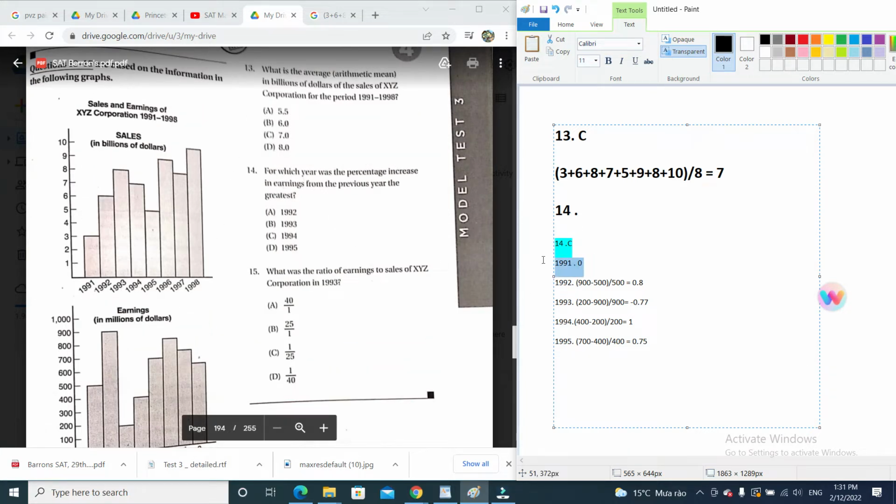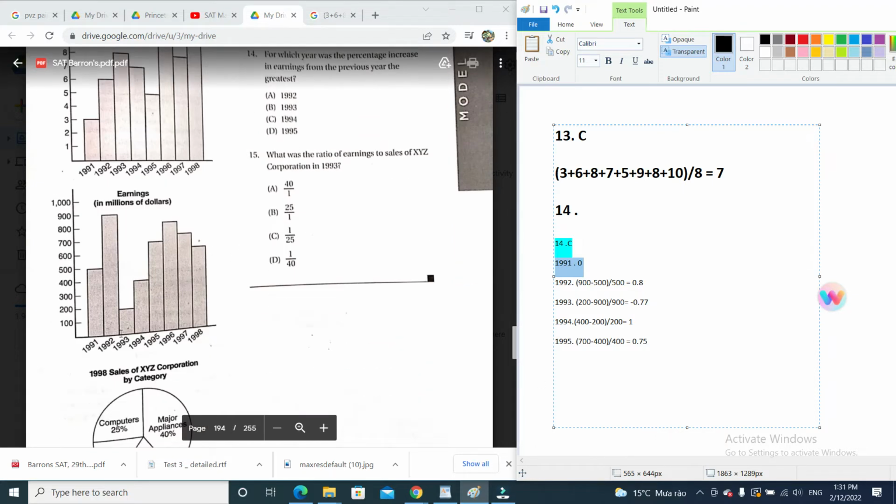But in 92, the data is 900 and for 91 is 500, so 900 minus 500, which is the difference, and we're going to divide it by the original value, which is the 1991 data, 500, and we get 0.8. So the percentage increase in 92 is 80%.